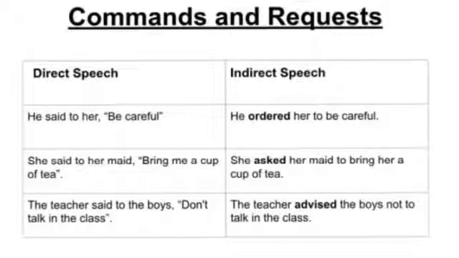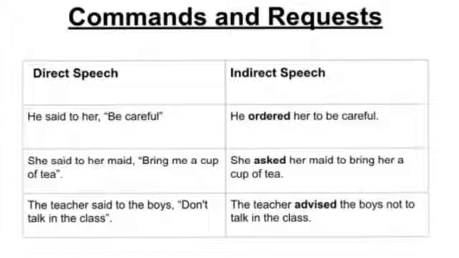Next, we are going to see imperative sentences. As we know, an imperative sentence expresses ideas such as advice, commands, requests, orders, etc. In order to change an imperative sentence into indirect speech, we use to-infinitive. One more thing, the reporting verb is changed to ordered, advised, requested, like that.